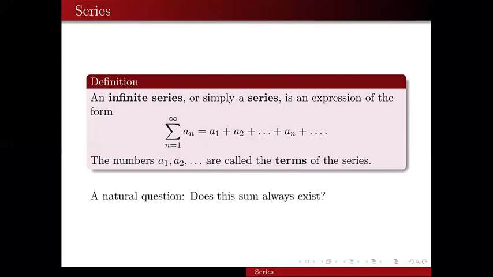So a natural question is, does this sum always exist? Can we always find the sum? Of course, if you have a finite number of numbers to add, you will always get the sum. If you just have 10 numbers to add, you will be able to get the sum by adding these numbers. If you have 100 numbers to add, you can find it.